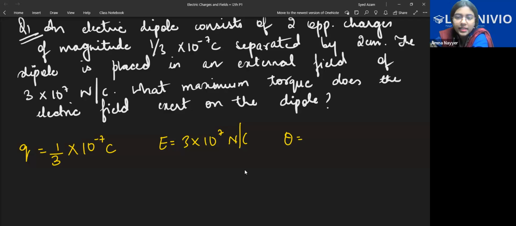Just check the notes, then you will find it there. 0 degree? No, then torque will be 0 straight away. Why 0 degree? Has it mentioned anything regarding 0? No? Check the cases, 3 cases that you people have written in the last class when we just ended the class before that.